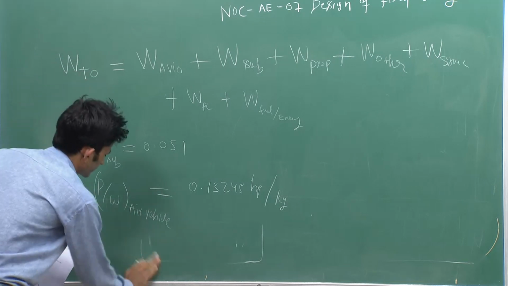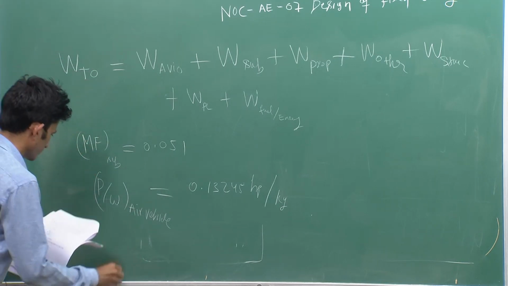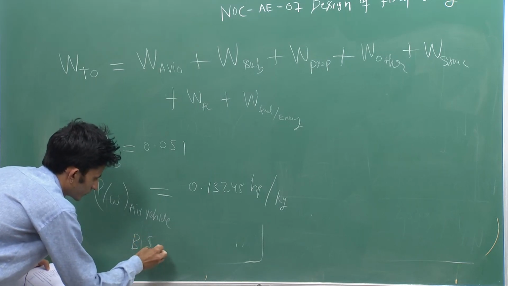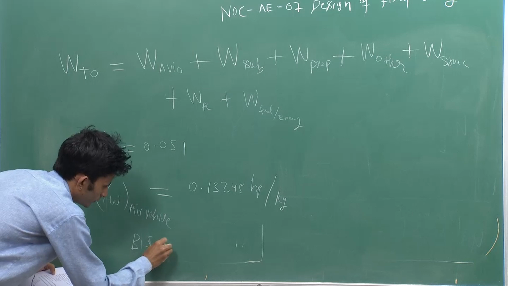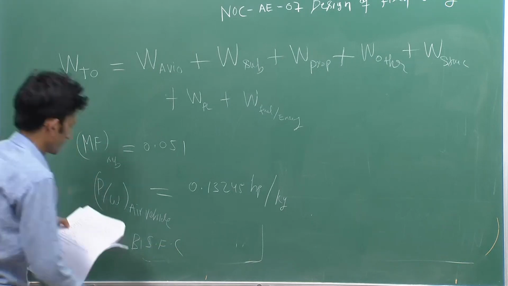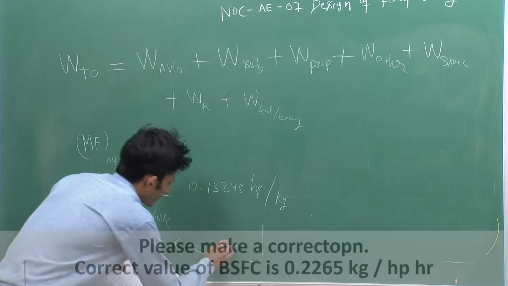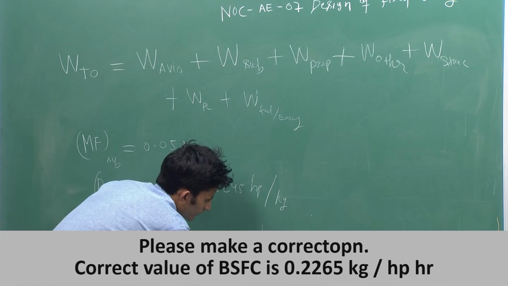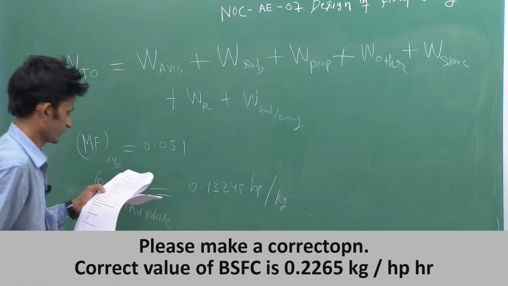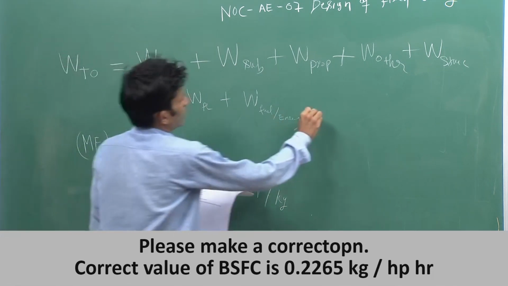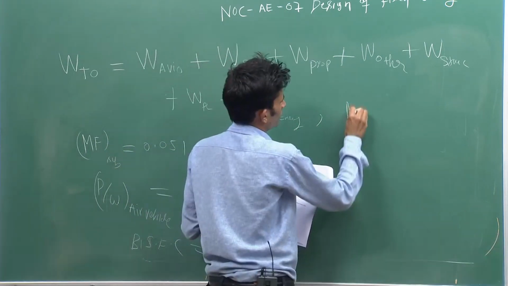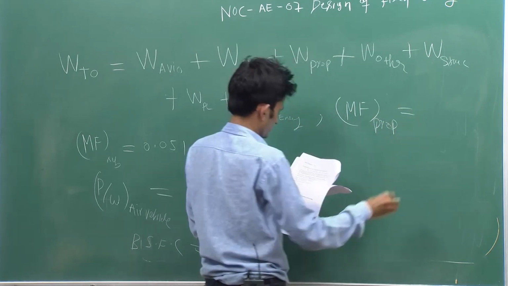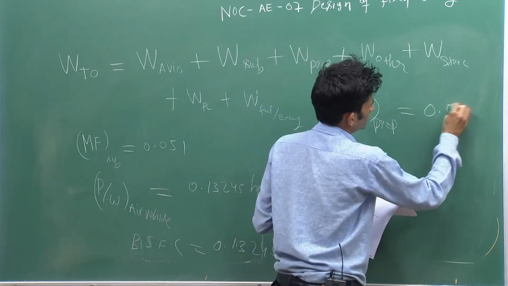And brake specific fuel consumption is also given. I am writing brake specific fuel consumption, SFC, is 0.13245, and the mass fraction of the propulsion system is 0.05.